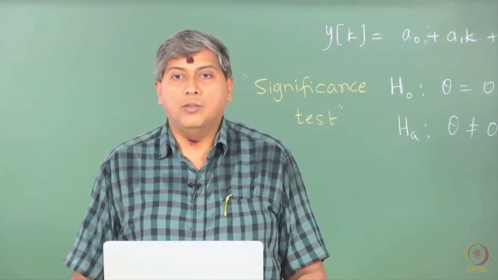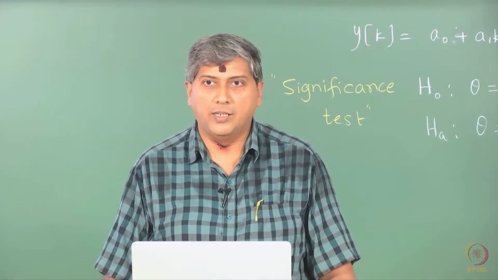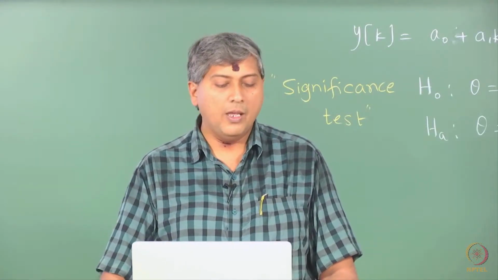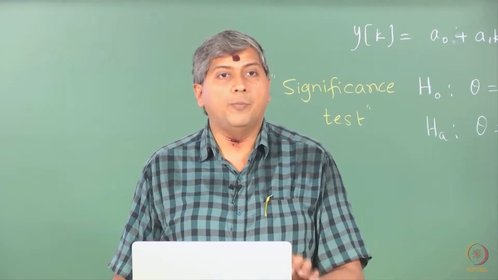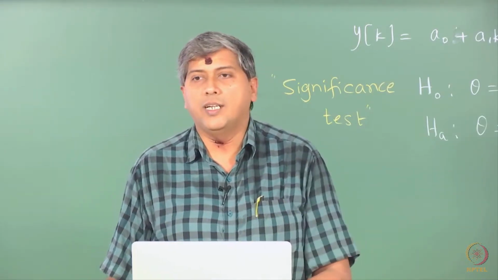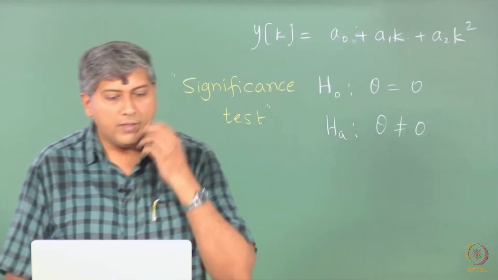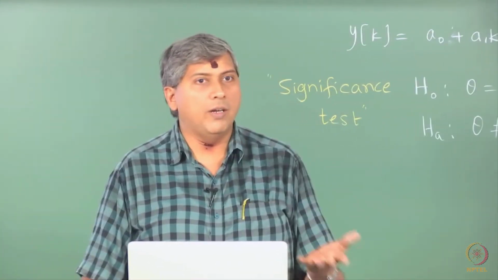Even if the truth was that theta is 0, you would obtain some non-zero value of theta, that we already know. So, the question is whether the obtained value of the estimate is significant. The moment you hear the word significant, you should think of this hypothesis test. Here we are asking if A0 is 0, A1 is 0, A2 is 0.